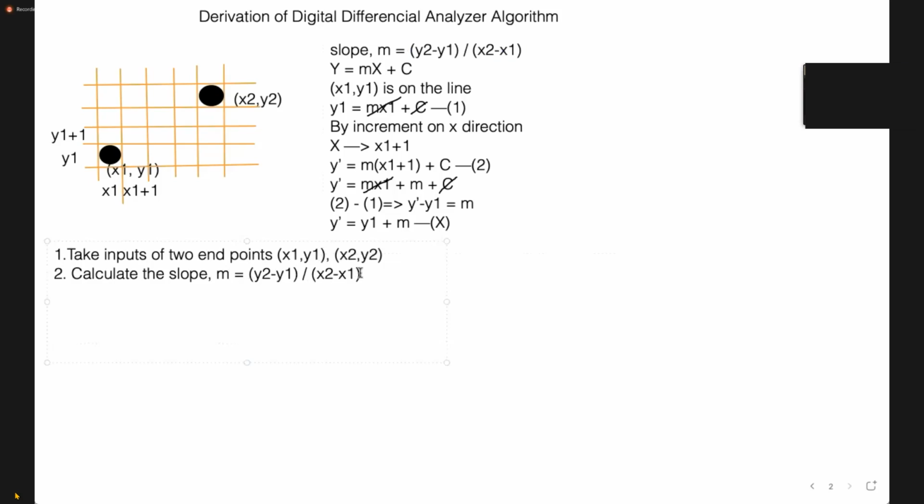Third step. After calculating the slope, we have to plot the first point. Plot x1, y1.